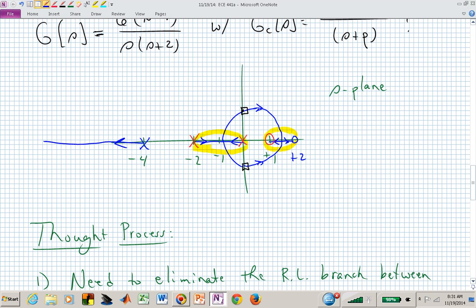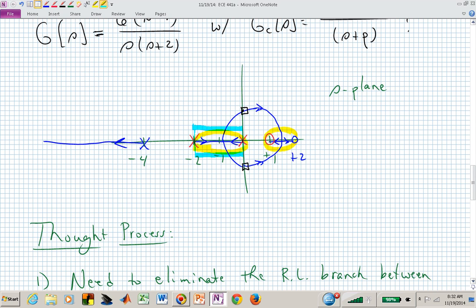A quick way to do it would be to say, well, I know that for small values of gain K, I'm going to have 2 poles between 0 and -2. Why don't I just pick a spot between there? The other one's going to be to the left or the right of that point, but it'll be in that region also. And the other one will be off to the left of -4.